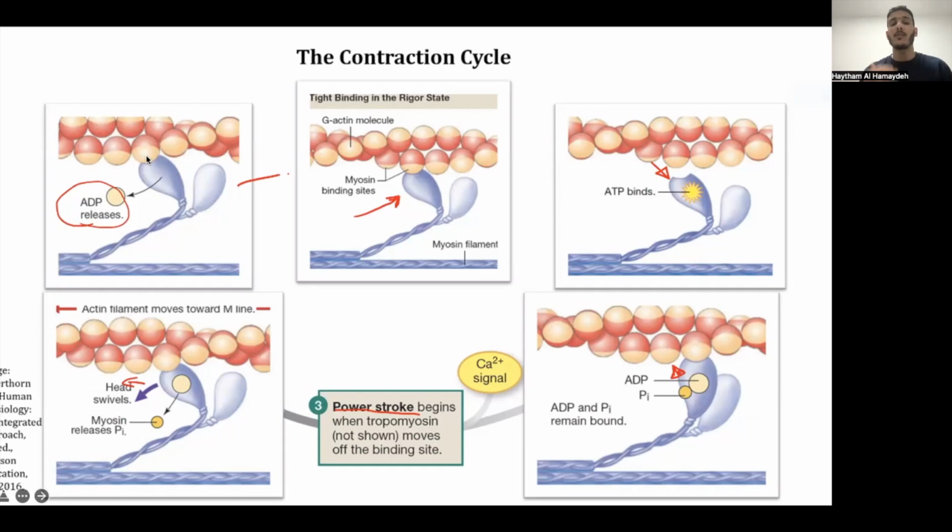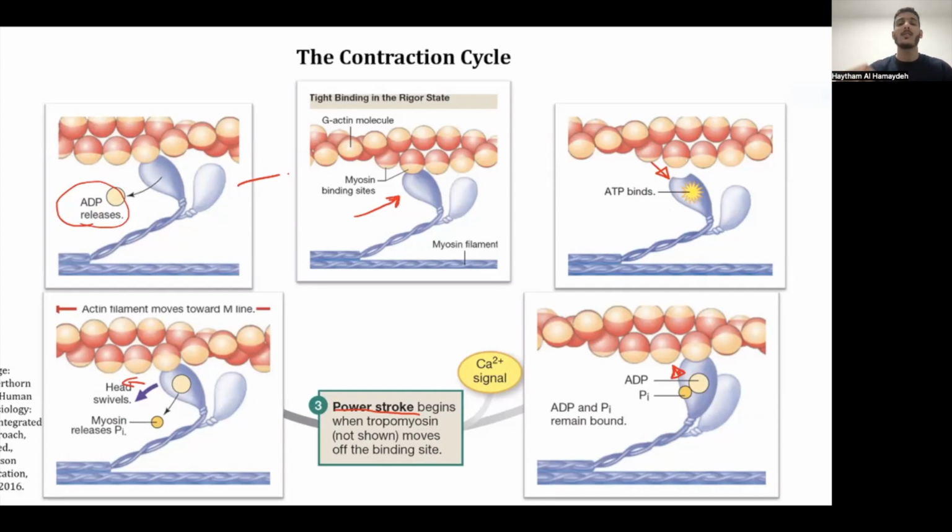So to remove myosin from actin and go back to redoing this process again, this has to detach. So what attaches to the myosin head is a new ATP molecule. When ATP binds to the myosin head, it detaches away from actin. Okay. Now, the next thing that happens is ATP becomes hydrolyzed.